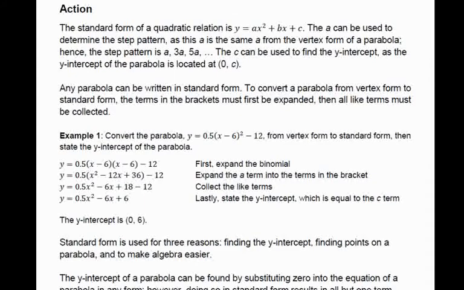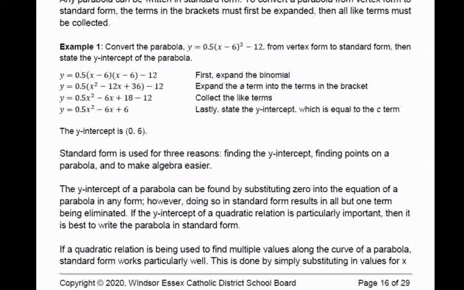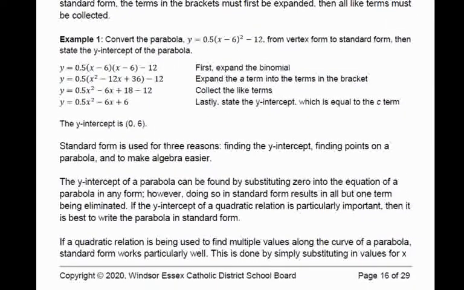So let's see how we can convert something from vertex form into standard form. So in example 1, you see we have 0.5 times (x minus 6) squared minus 12. The first step is to expand that binomial that has the minus 6. When we expand that, we get x squared minus 12x plus 36.